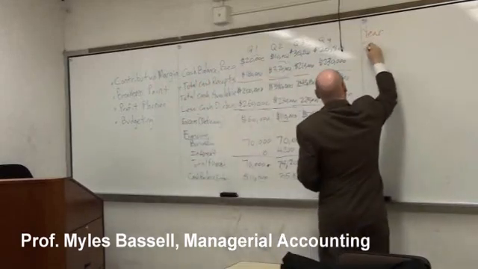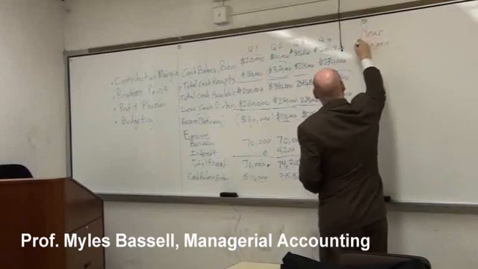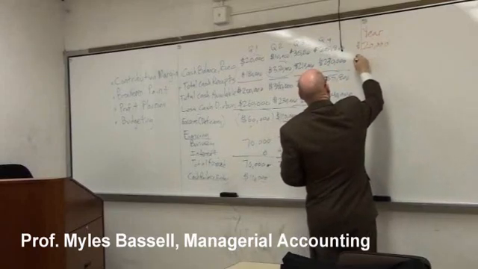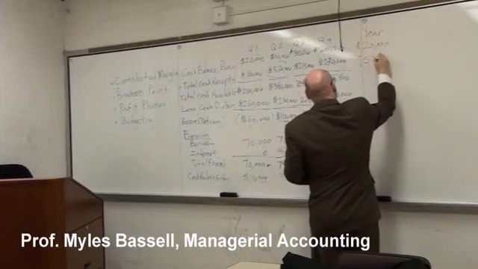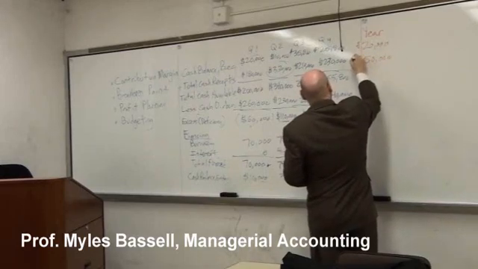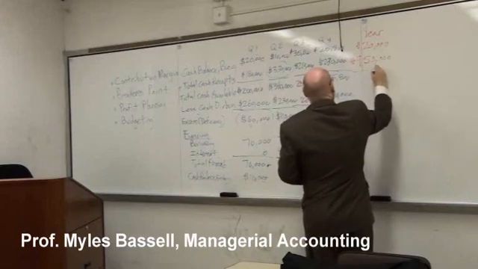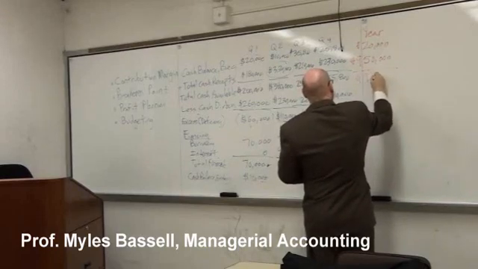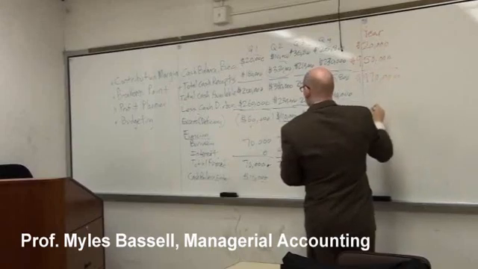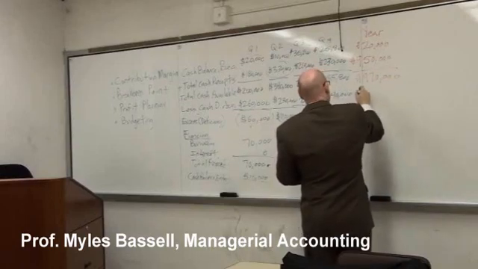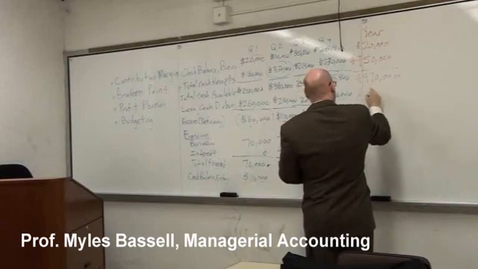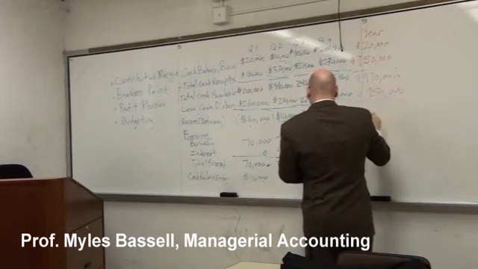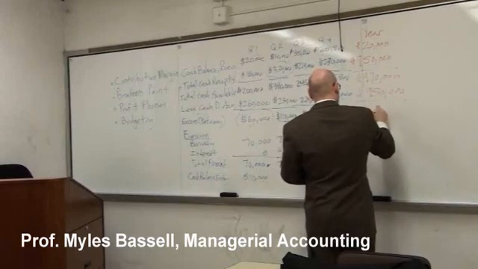That's still 20,000. Our total cash receipts are $950,000. Our total cash available is $970,000. Cash disbursements we anticipate as being $950,000. That means we have an excess of $20,000.